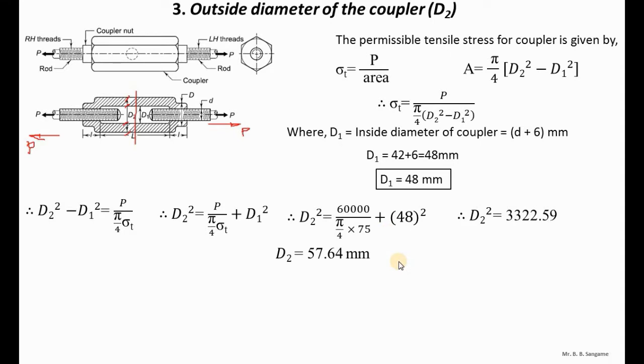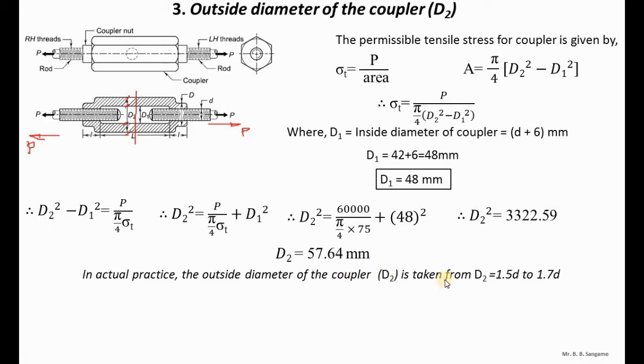Once again, I am going to calculate d2 by using the empirical relation. In the empirical relation, d2 is taken from 1.5 d to 1.7 d, where small d is the nominal diameter of the threaded portion. If you take d2 equal to 1.5 d, it will be 63 mm, and if you take d2 equal to 1.7 d, it will be 71.4 mm.